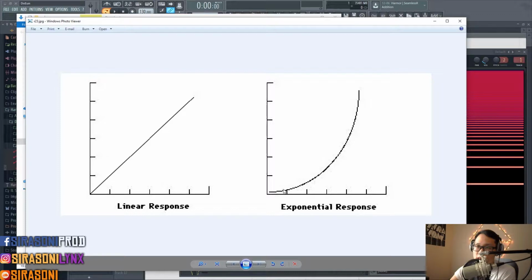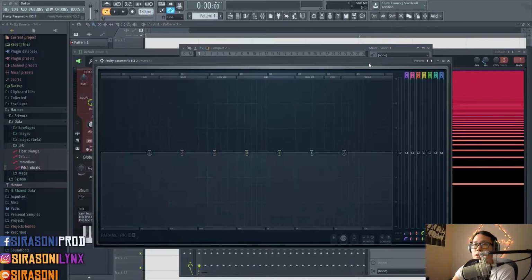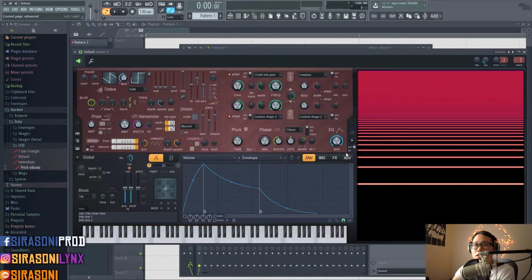Or you could put that in logarithmic form, same thing. Let's say around 2 it's small, but when I get to 4, it's already past that number, and it goes up more as we go up, so it increases. That's why we get a graph that looks like this, or in Harmor, a graph that looks like this. This is the octave distribution.